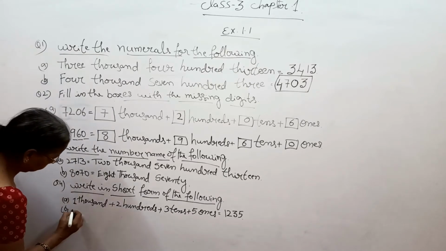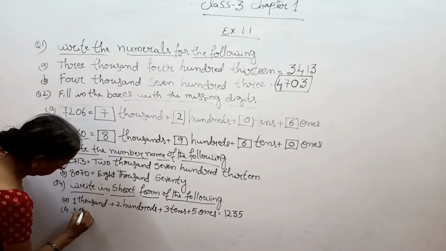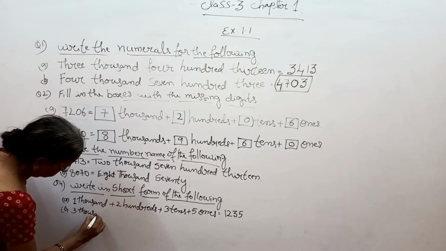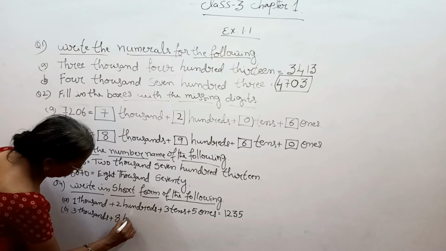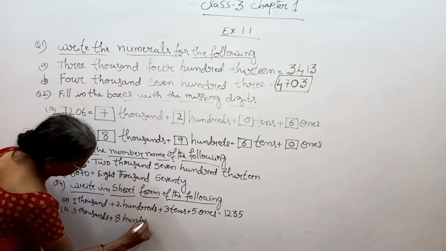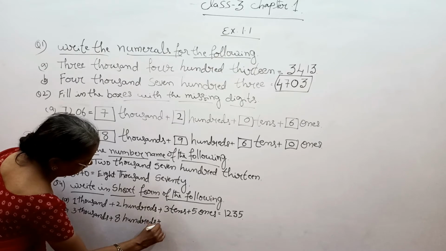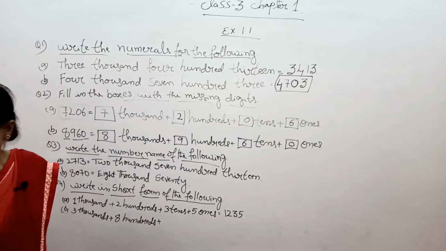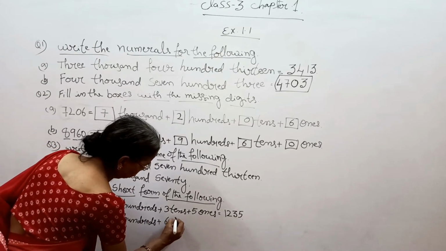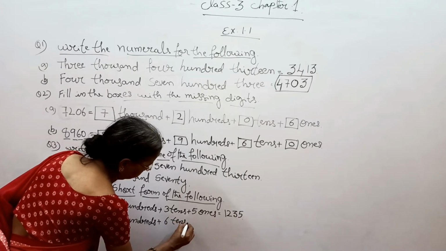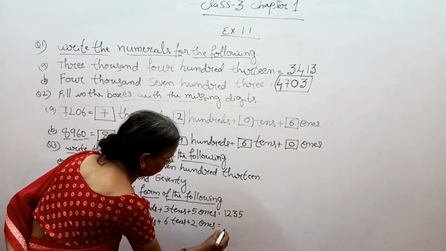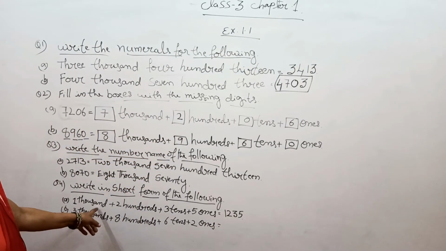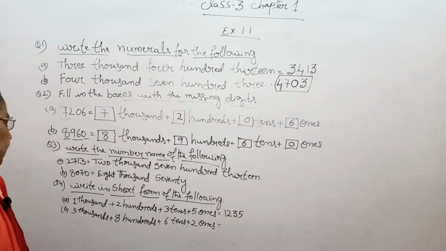In the same way, second one, 3000 plus 800 plus 6 tens plus 2 ones. As we write the above question, in the same way we have to write the next question also.